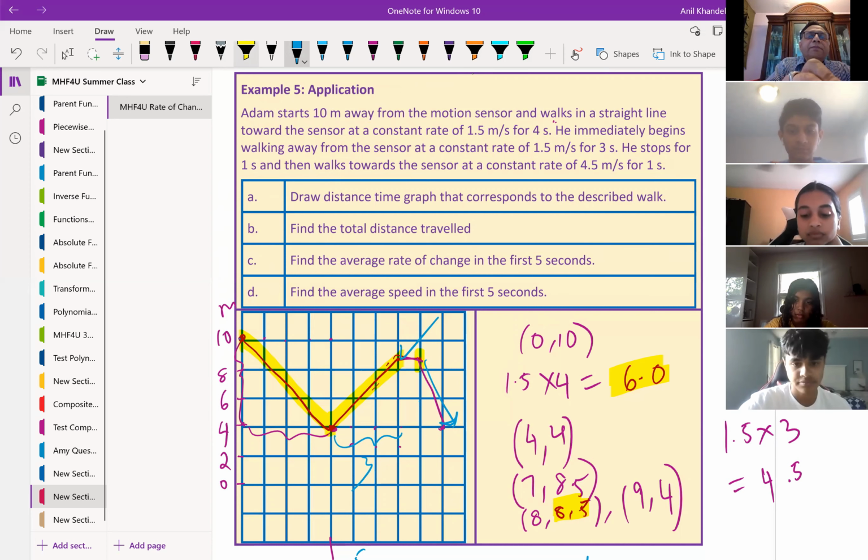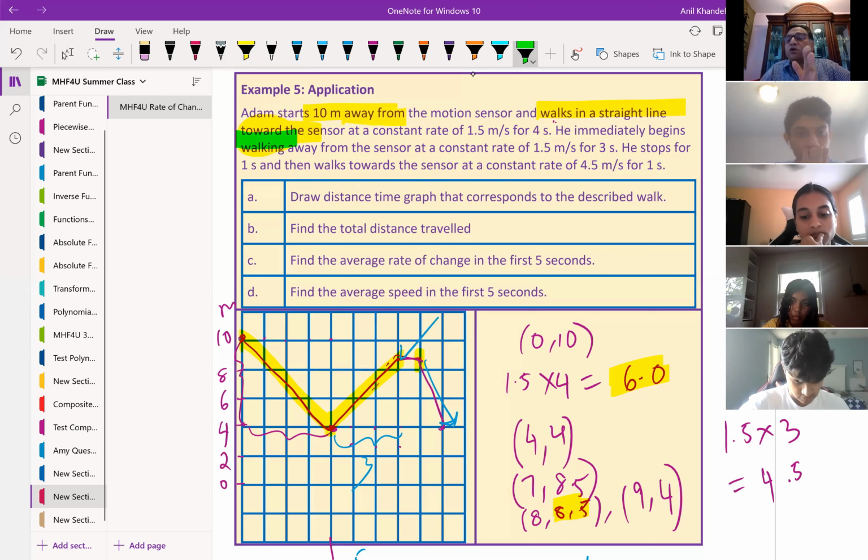Now, Adam is 10 meters away from the motion sensor and walks in a straight line towards it. The key word here is towards. When you're walking towards, the distance is going to decrease.